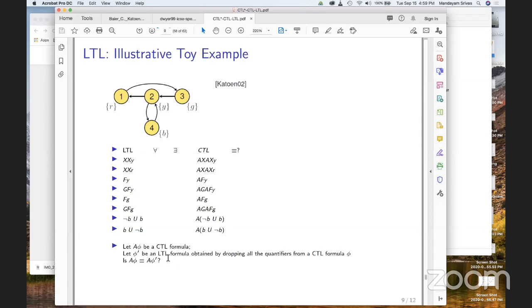What I'm saying is, this is a CTL formula starting with A. If I drop all the quantifiers from this, except the leading one, you will of course get an LTL formula. So the question that I'm asking is, if by dropping all that, the two are equivalent, okay? The answer is no, not all the time, okay?